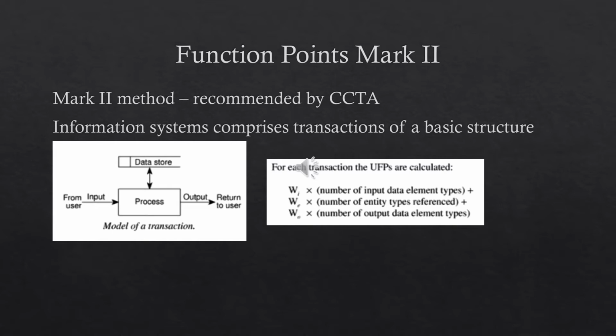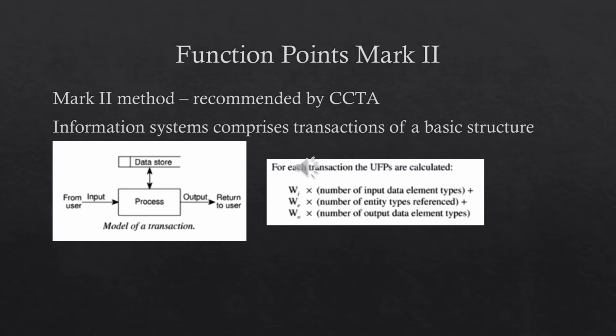Here WI, WE and WO represent three different weightings. WI represents the weight for input. WE means the weight for entity type. Entity type means the external entity types, the external factors.